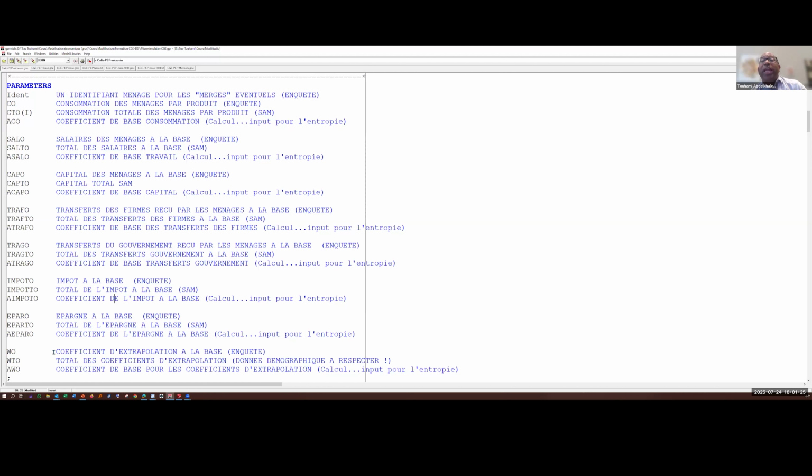And we can change also the coefficient. So we can change the flow of value in local currency, or we can change the extrapolation coefficient to be consistent with the demographic projection of the data. I don't know, is it clear? Yes, much clearer. Thanks.